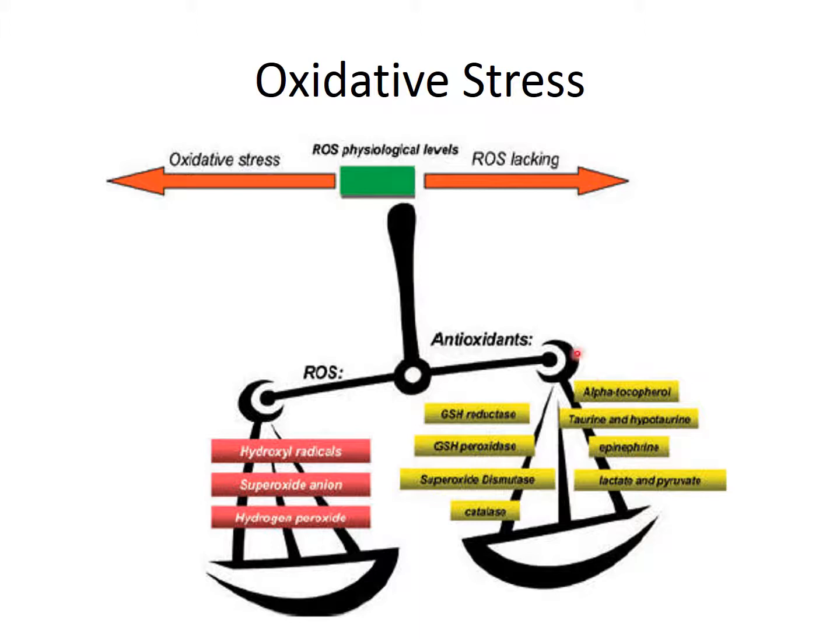Now whenever there is excess production of reactive oxygen species, the balance shifts towards this. When the balance shifts towards this, there are a lot of free radicals in the system which are not being neutralized by the existing antioxidants. Then we call that the system is in oxidative stress.